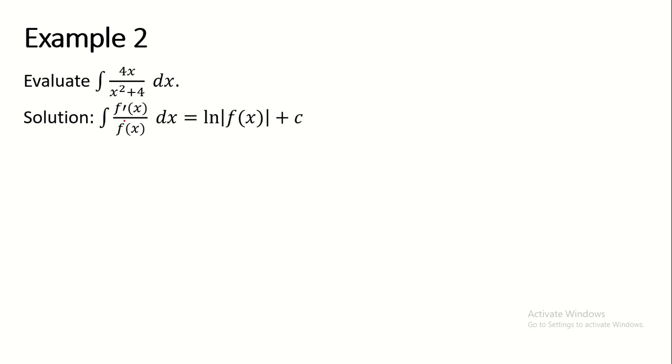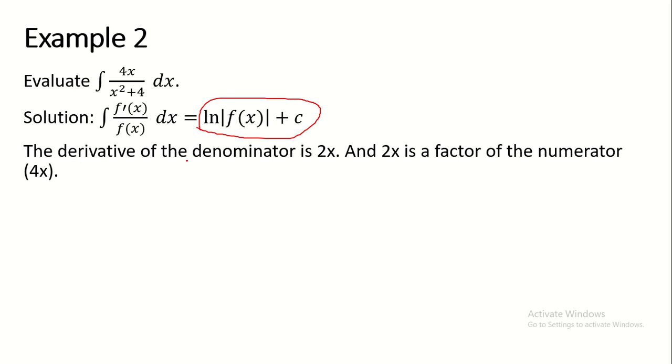Okay, solution. So, ito yung corollary 1.2 natin. The indefinite integral of f prime of x divided by f of x. Kapag daw yung numerator ay derivative ng nasa denominator, ang sagot ay ln absolute value of f of x plus c. So, tignan natin. The derivative of the denominator is 2x. Tignan nga natin.